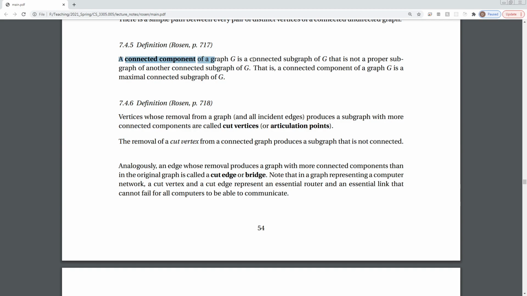So a connected component of a graph G is a connected subgraph of G that is not a proper subgraph of another connected subgraph of G. That is, a connected component of a graph G is a maximal connected subgraph of G. Okay, so let's say you have a huge office, right, or an office and a warehouse attached.